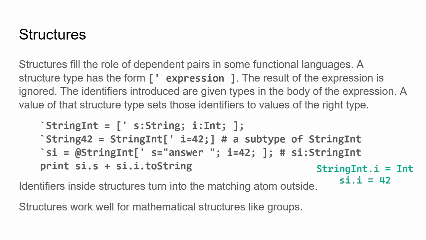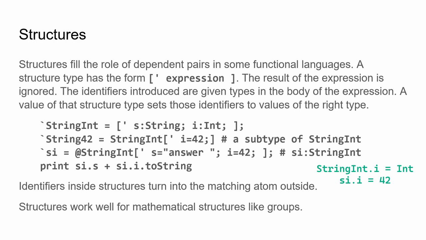So a value of that structure type sets those identifiers to values of the right type. I'm giving a simple example here where there's no actual cross-reference between the identifiers, but that's not my useful application of it.